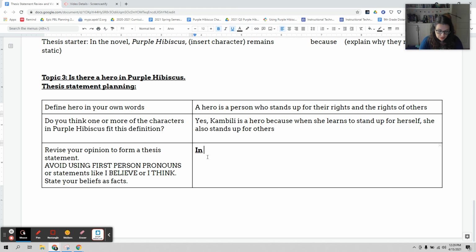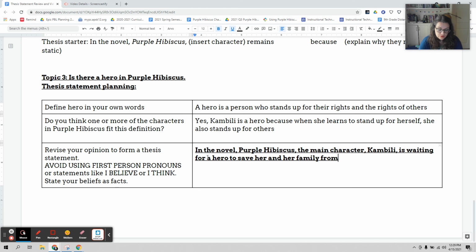okay, in the novel Purple Hibiscus, I should spell it right, the main character, Kambili, is waiting for a hero to save her and her family from her abusive father.